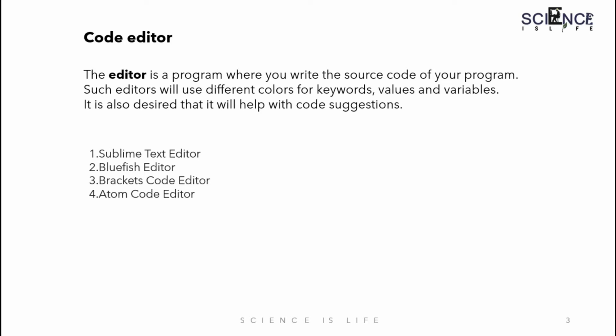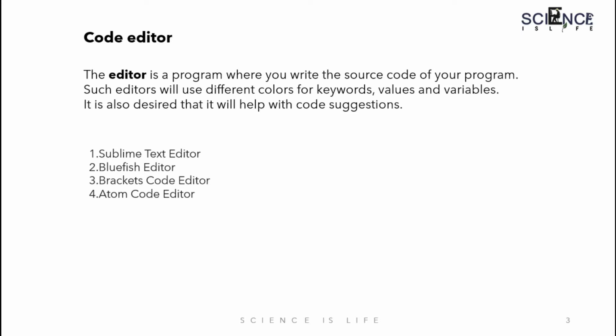There are lots of code editors that we can download through the internet, right? Here I have mentioned a few of them: Sublime Text Editor, Bluefish Editor, likewise. Usually in a code editor, when we code, it indicates the keywords, values, and variables in separate colors. That means it shows keywords in one color, variables in another, likewise.